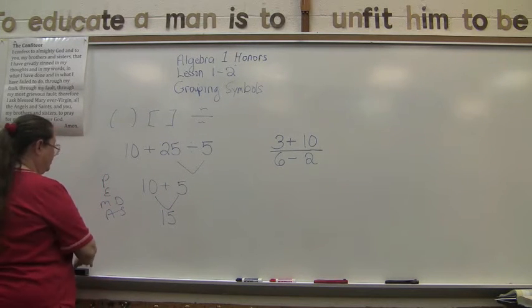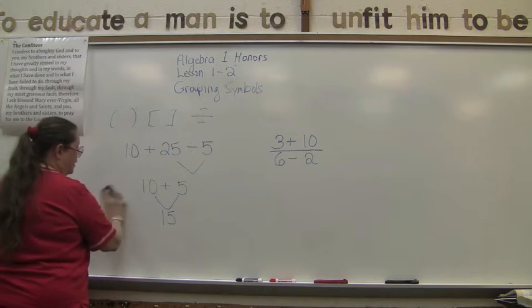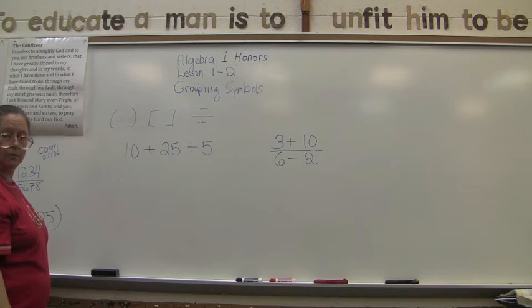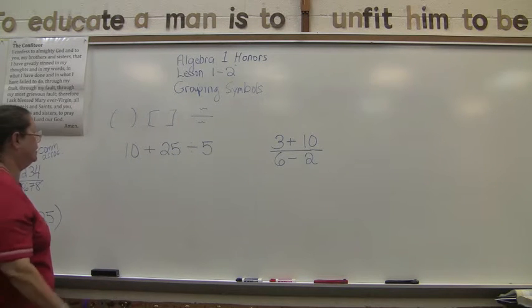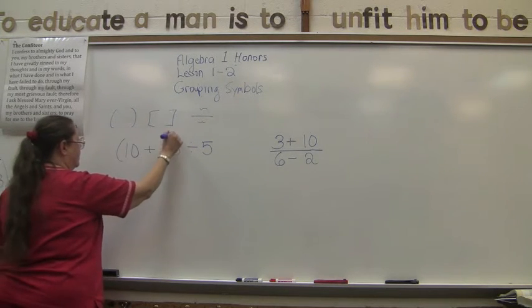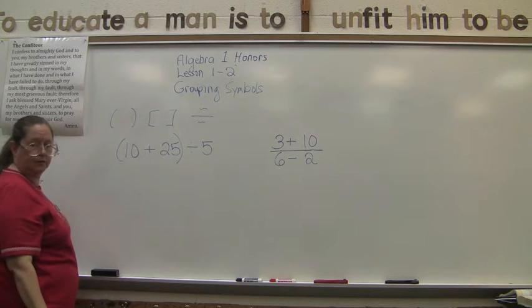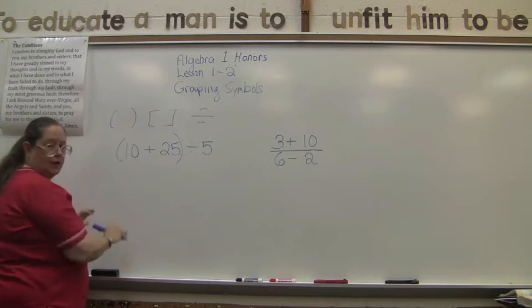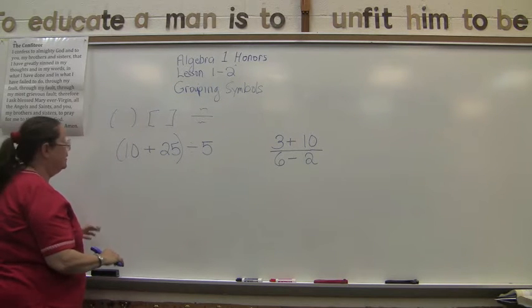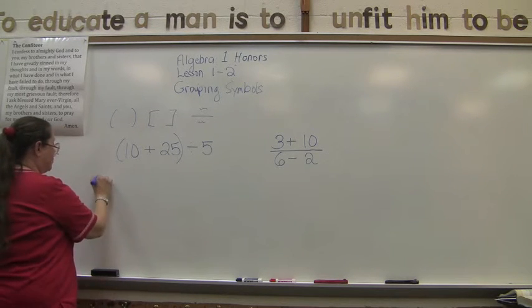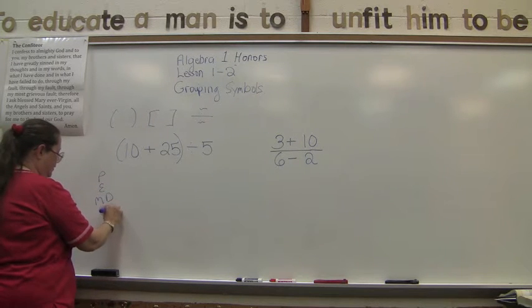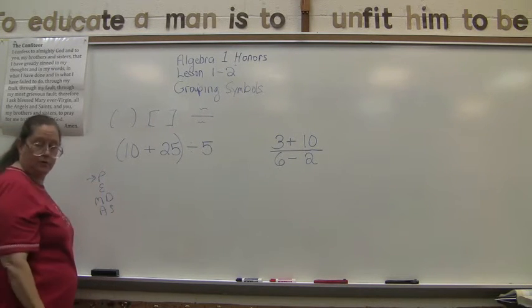Okay? I can change that, however, and get a different value if I include grouping symbols. So if I group these first two numbers together, I have parentheses. So please excuse my dear Aunt Sally, I've used the parenthesis grouping symbol.